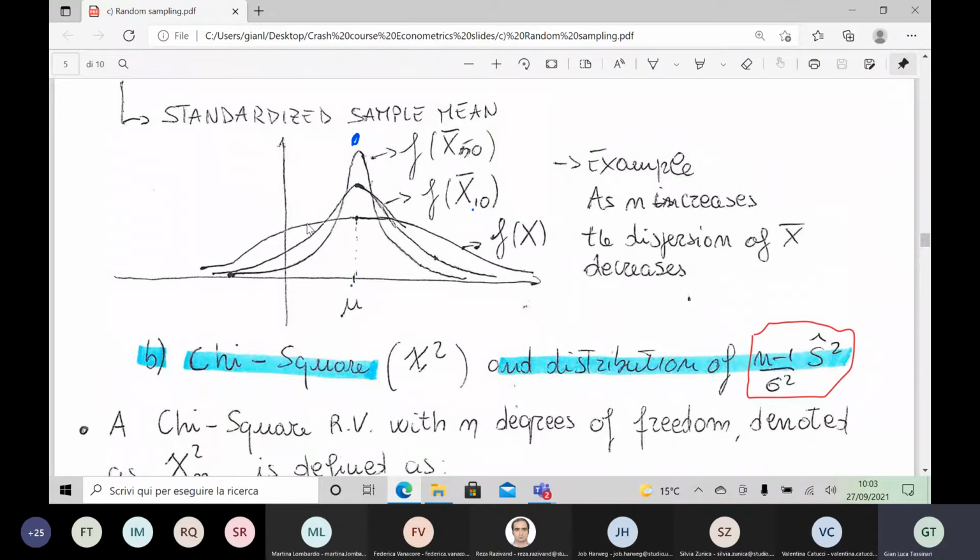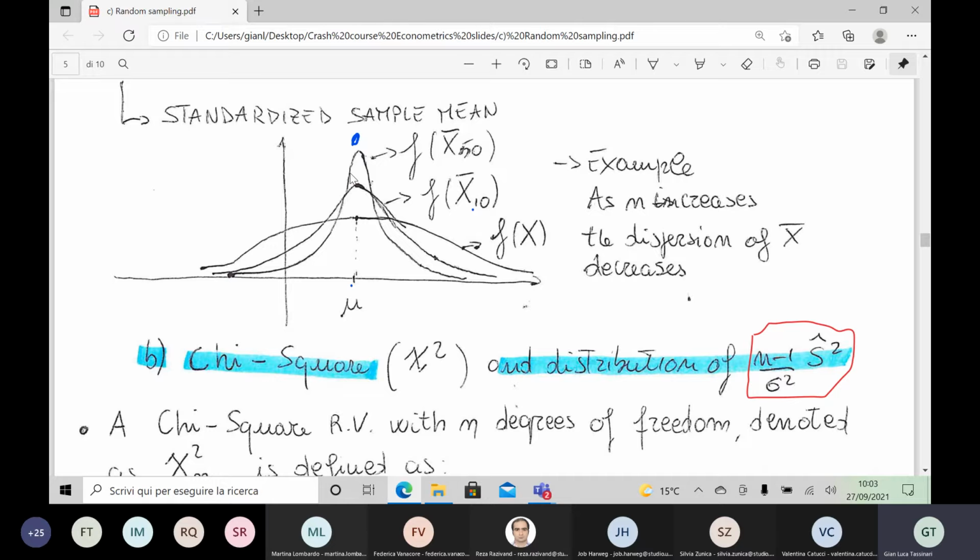Now suppose you select another sample of dimension 50. The distribution of x bar 50 will be what? Normal with mean mu and variance sigma square over 50.